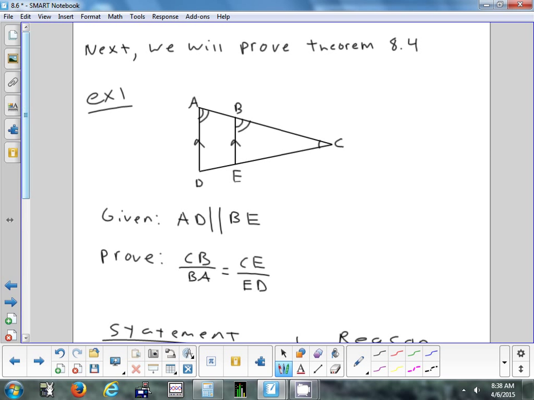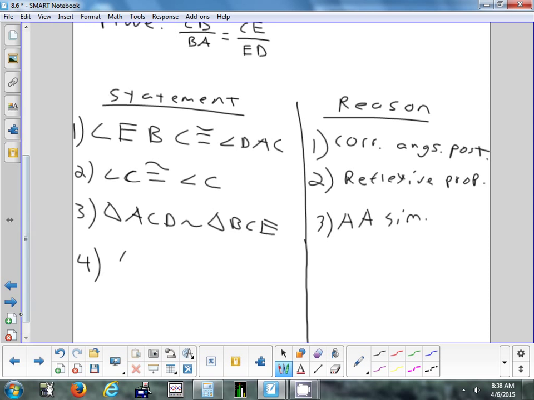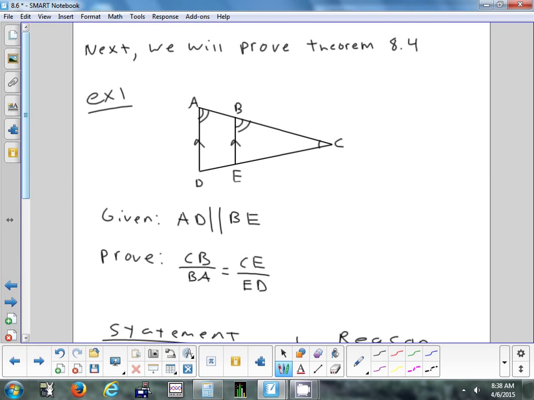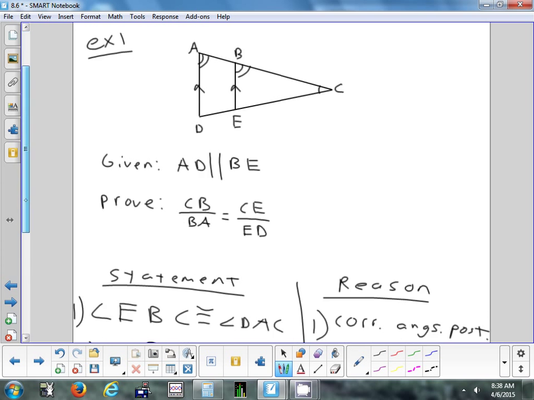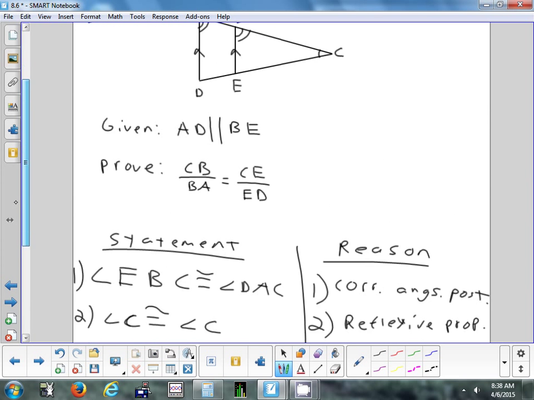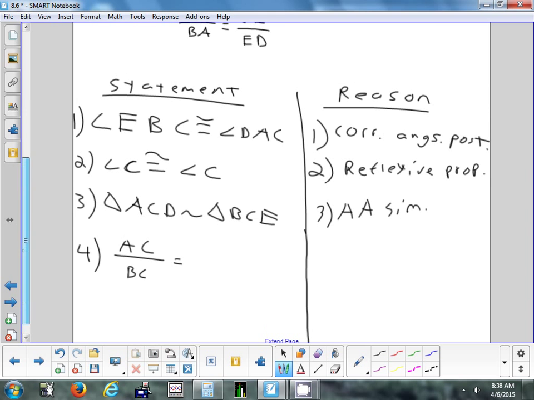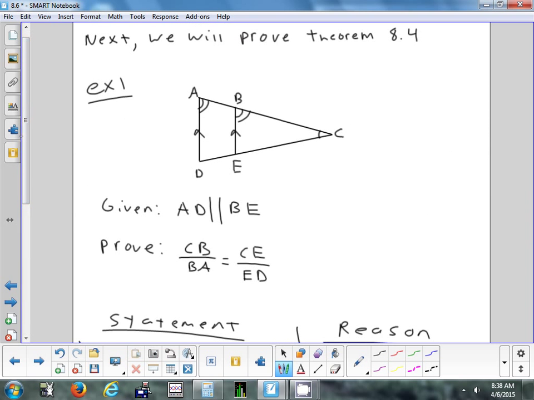Let's compare the big side on top, AC, to the smaller side that's on top, BC. Any question on that step? Right, let's do the same on the bottom.